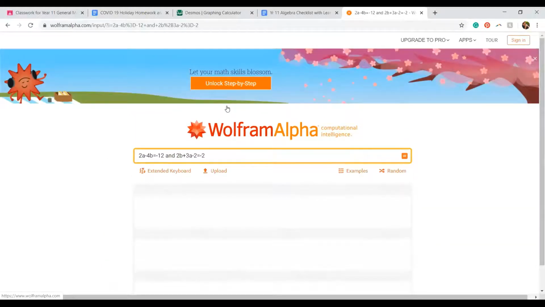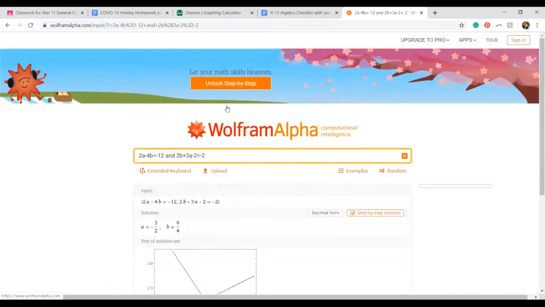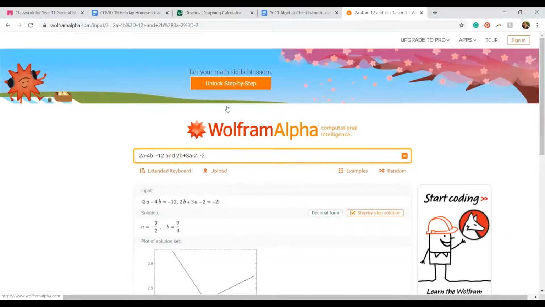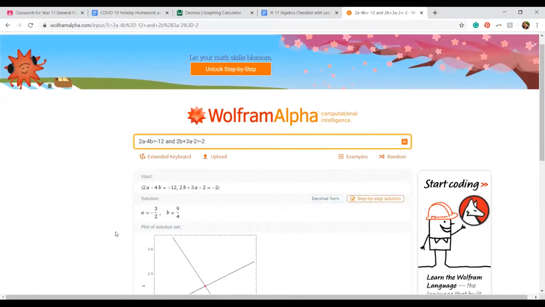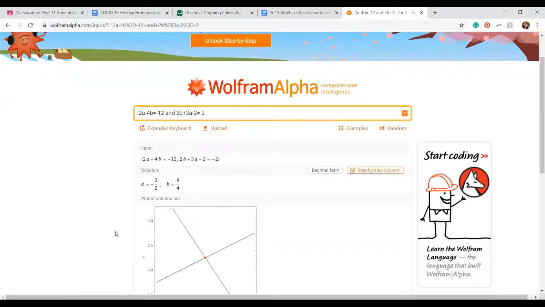Now, if I push enter, it's going to look at both of those and give me solutions. Look at that, two beautiful solutions here. a equals -3 on 2, b equals 9 on 4. You write them straight into your book.